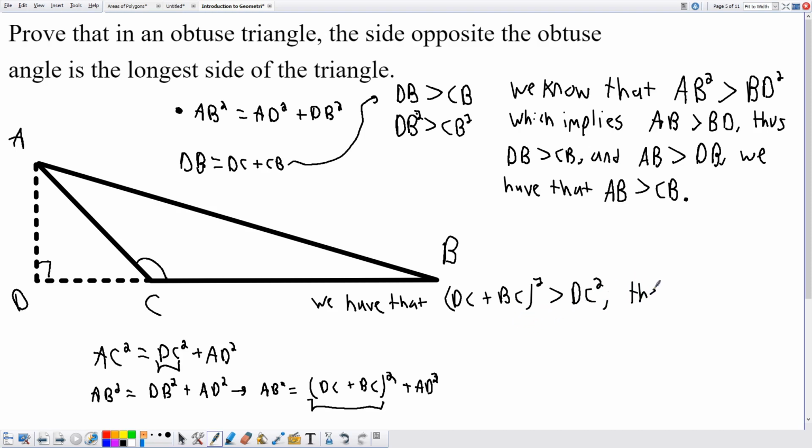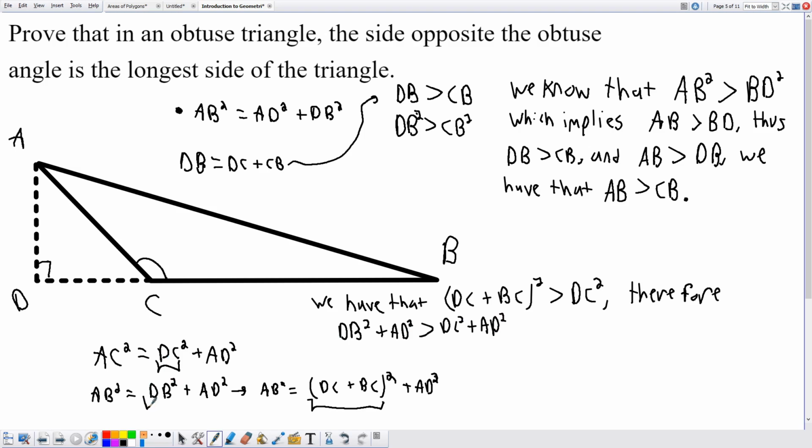Therefore, DB squared plus AD squared is greater than DC squared plus AD squared.